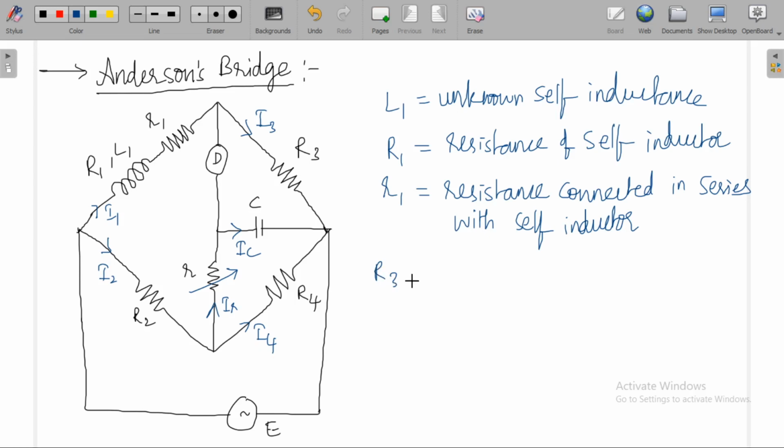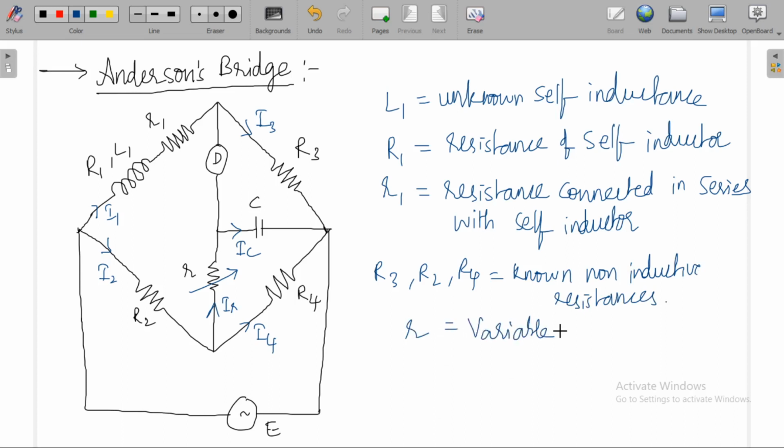Whereas R3, R2, R4 are known non-inductive resistances, and small r is a variable resistance.